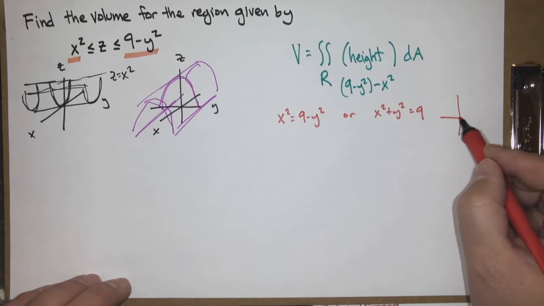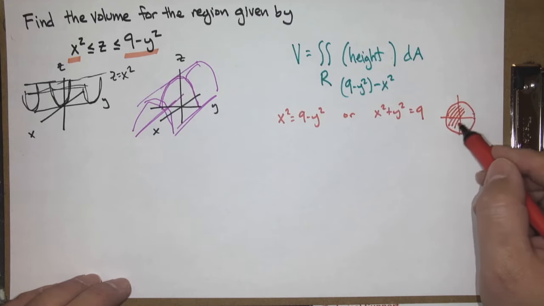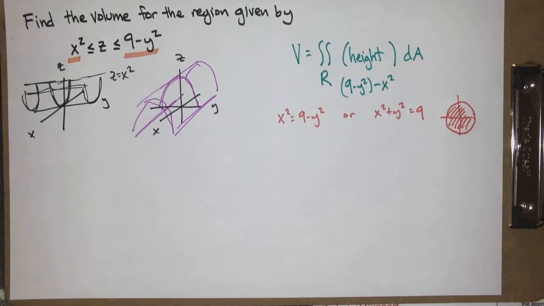We recognize that shape. That's a circle. Now which part do we want? We want the interior. Because in the interior of the circle, the top surface is on the top and the bottom surface is on the bottom. On the edge of the circle, they exactly overlap. Outside of the circle, they swap places. That's no longer being considered for our volume.